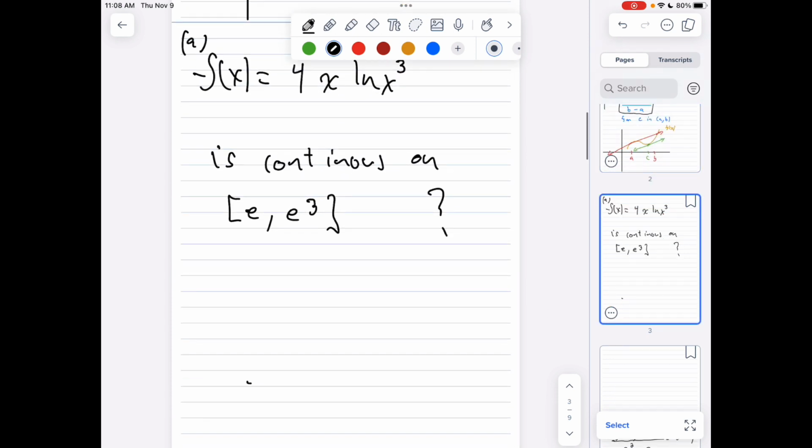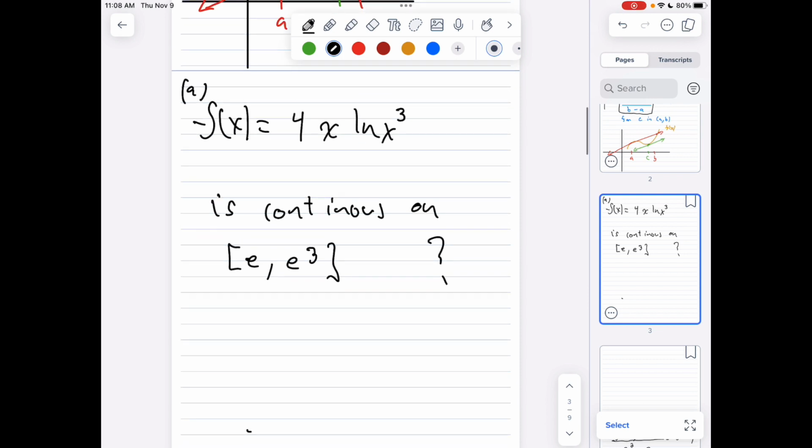That's part A. Before you calculate anything, you have to check these conditions. So first of all, is f of x continuous on this closed interval e to e cubed? Well, f of x would be continuous on 0 to infinity. The domain of this function is 0, not including 0, to infinity.